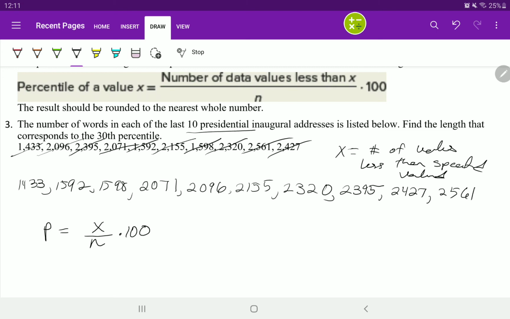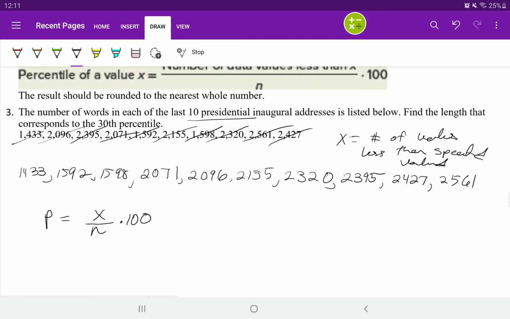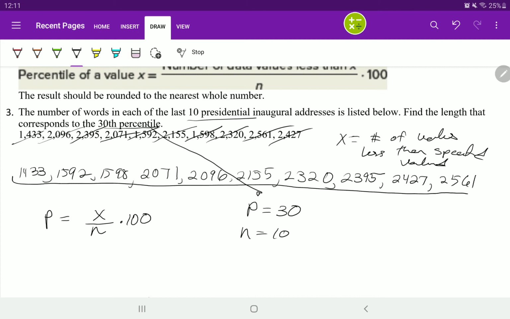So I want to find the 30th percentile, right? So P equals 30, because the percentile in this case is the 30th. N equals 10, because there are 10 different presidential inaugural addresses.